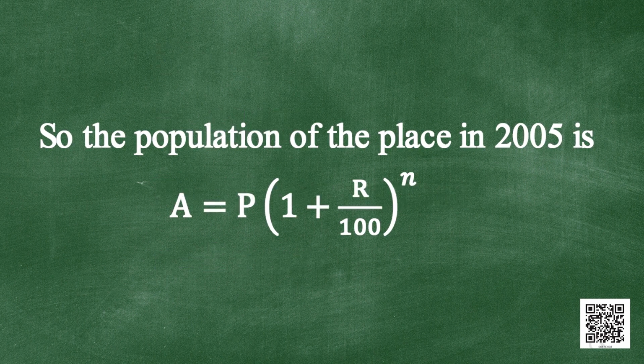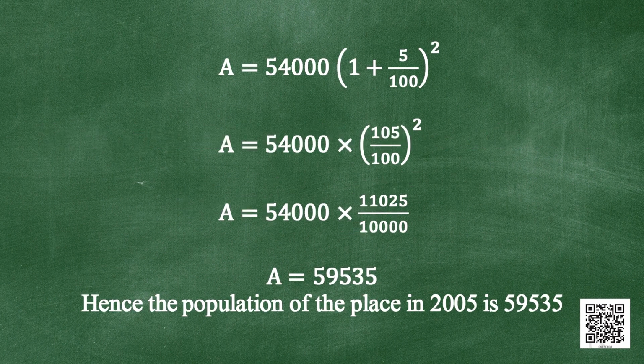So, the population of the place in 2005 is, we know the formula, A is equal to P times 1 plus R by 100 whole to the power of n. So, that is equal to, principal is 54,000 times 1 plus R is 5%, so 5 by 100 whole to the power of n is 2. So, upon simplification we get 54,000 times, solving 1 plus 5 by 100 we get 105 by 100 to the power of 2.